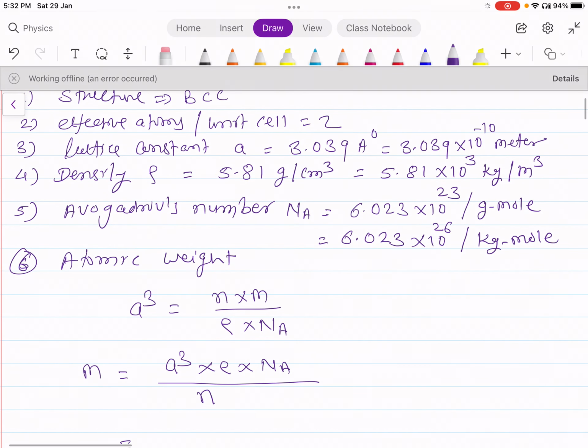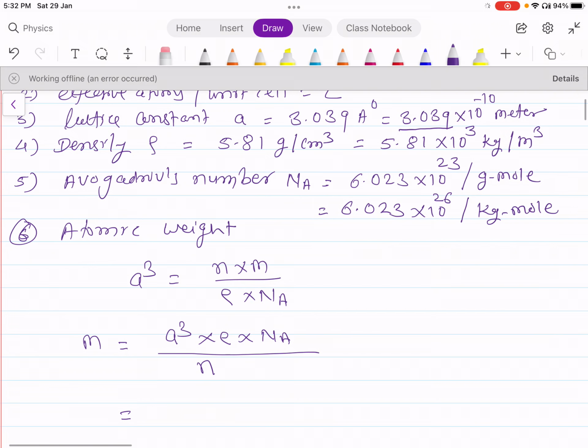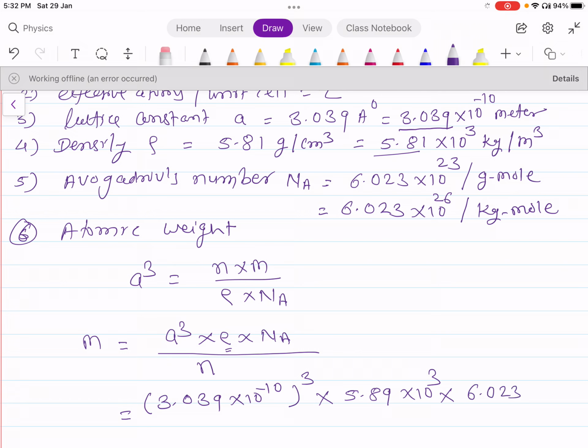All these quantities are given. A is 3.039 into 10 to the power minus 10 meter, and we have to take the cube of this, into density, 5.81 into 10 to the power 3 kg per meter cube, into Avogadro's number, 6.023 into 10 to the power 26 per kg mole.